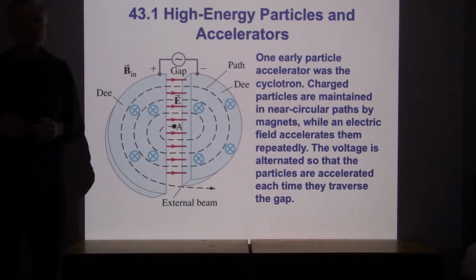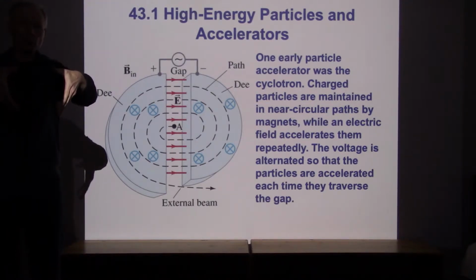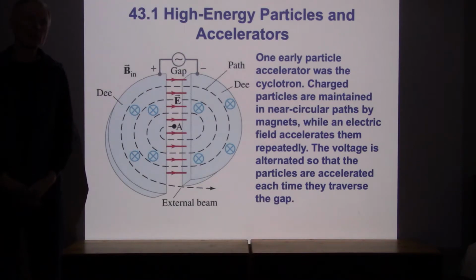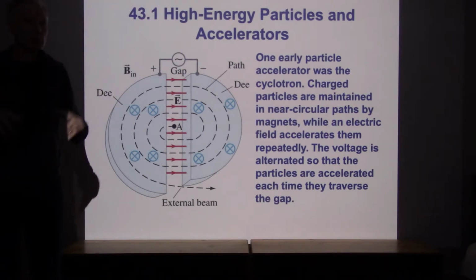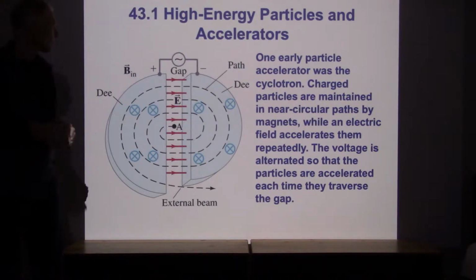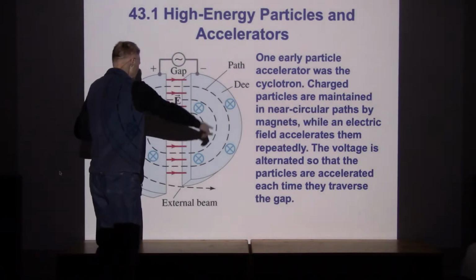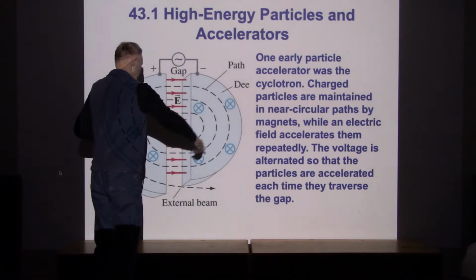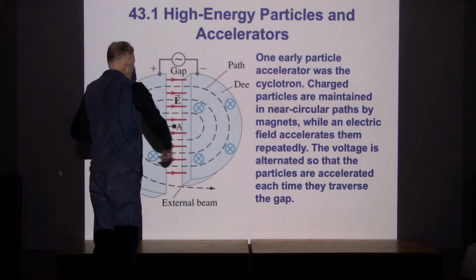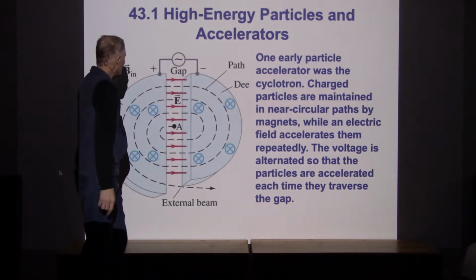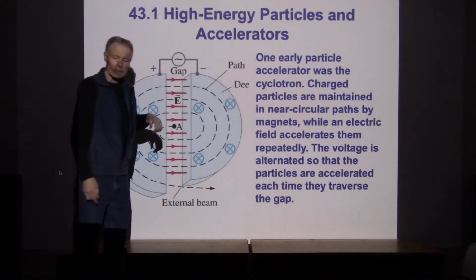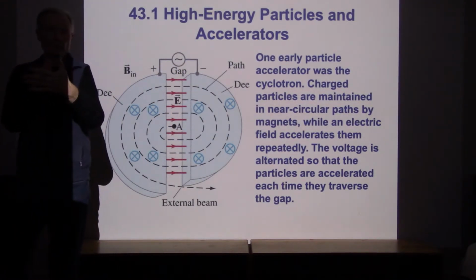And as long as the magnetic field's holding them in place, and they get a little push every time they cross between the two sections, they just keep going faster and faster. And so Lawrence was able to bring these protons up to higher and higher speeds, and then as they came up to higher speeds, move to larger and larger radius trajectories, and at some point they could exit and be pointed towards some kind of a target.